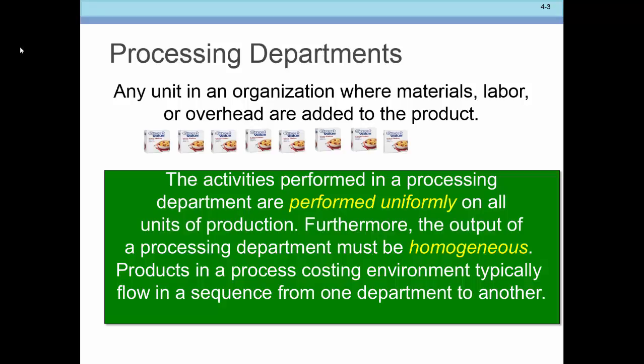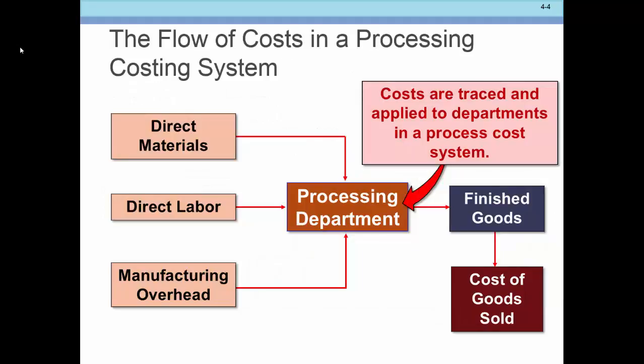Okay, so this is describing how we will do that. You can see that we will have our materials going into the processing departments, and then we will pass those costs from one processing department to the next, and then finally out to finished goods, and of course when they're sold, out to our cost of goods sold.